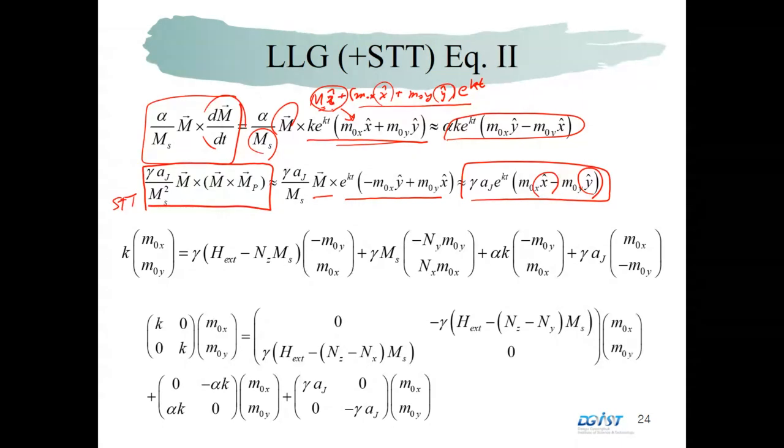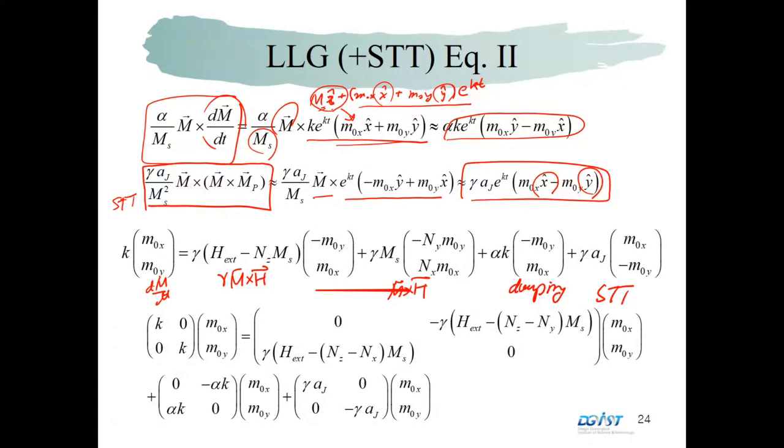So let's collect all these terms. So this is about the MDT, and this is M cross H, and this is the damping, and this is the STT, and this is also the M cross H term.